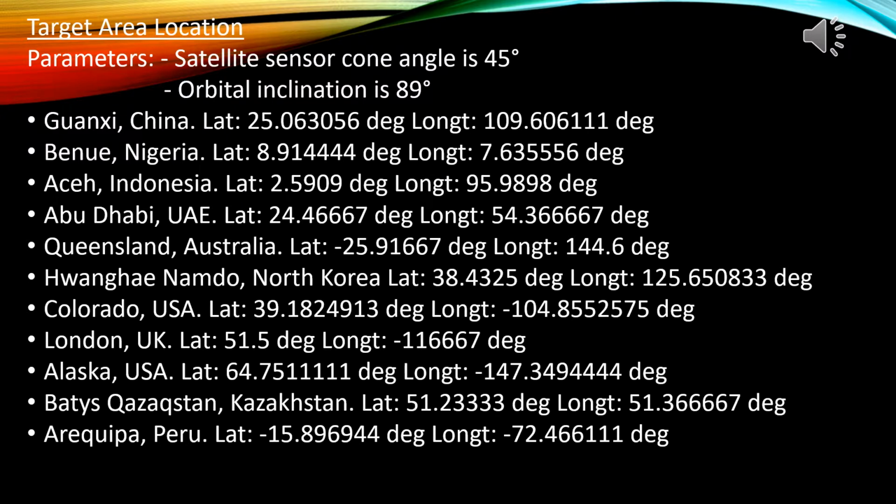The parameter that we are use satellite sensor cone angle is 45 degrees. Orbital inclination is 89 degrees. The location are China, Nigeria, Indonesia, United Arab, Australia, North Korea, USA, United Kingdom, USA, Kazakhstan, and also Peru.